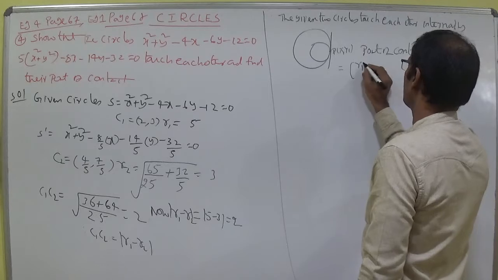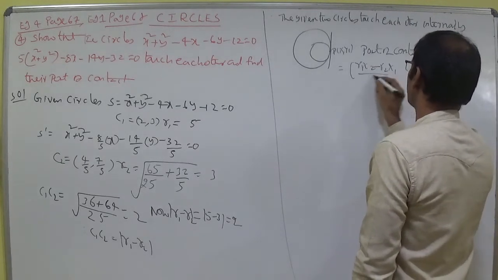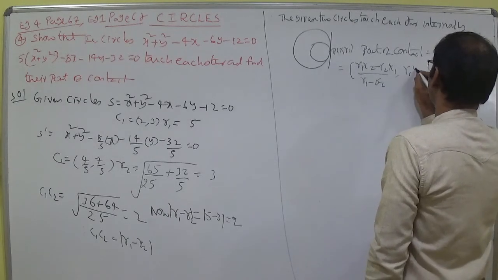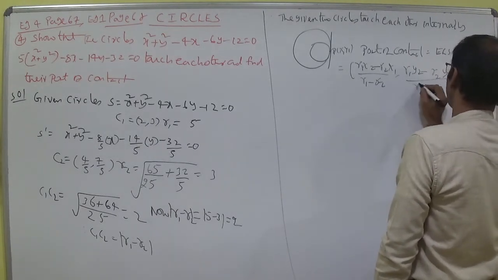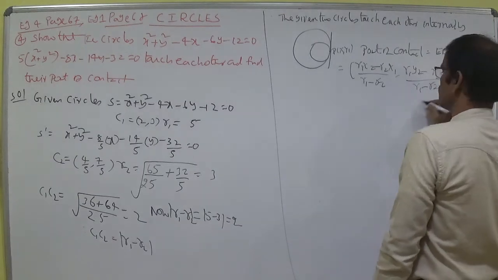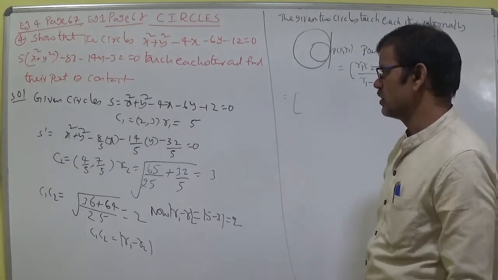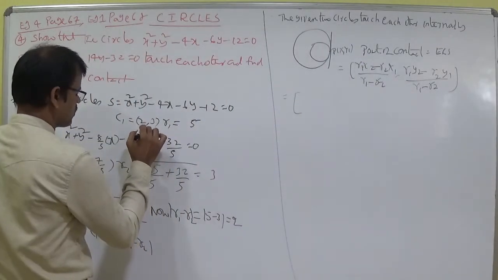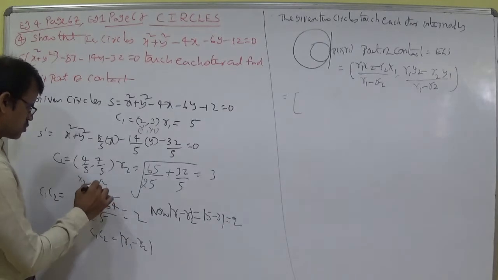Use the formula (R1x2 minus R2x1) by (R1 minus R2), comma, (R1y2 minus R2y1) by (R1 minus R2). What is R1 here? 5. C1 is the x1, y1 point and C2 is the x2, y2 point.